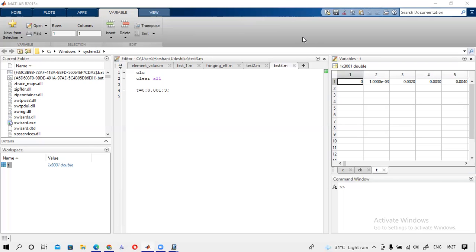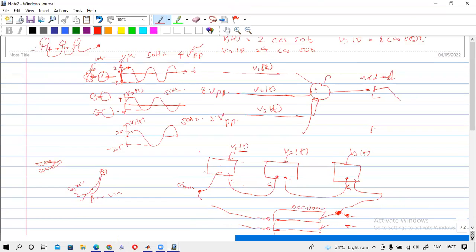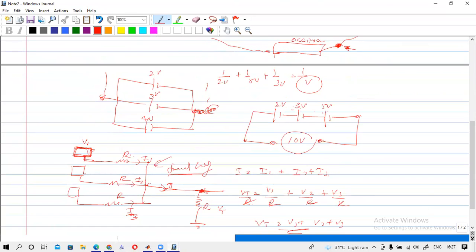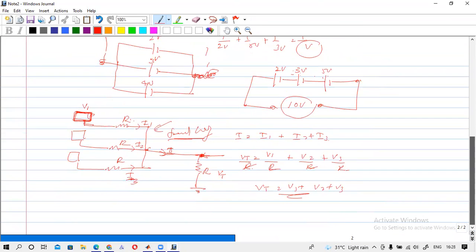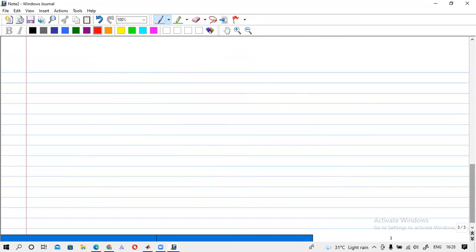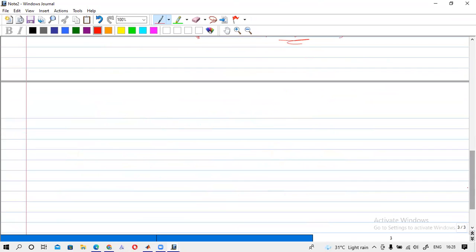Actually that is not a continuous value. These are discrete values. Why are these discrete? Because here I have defined t like this: 0, 0.001 step to 3.